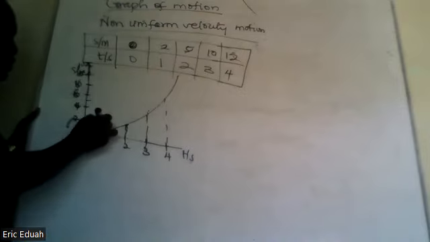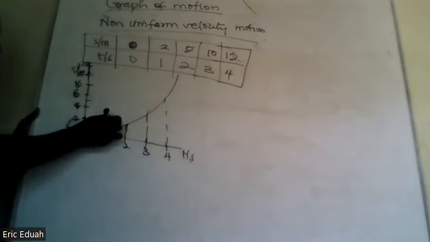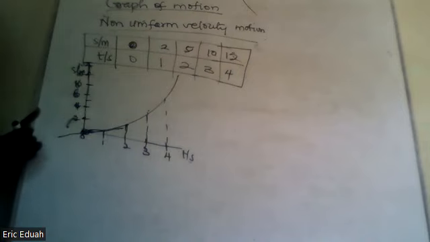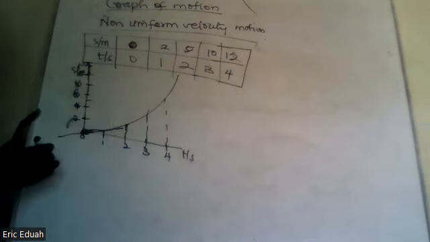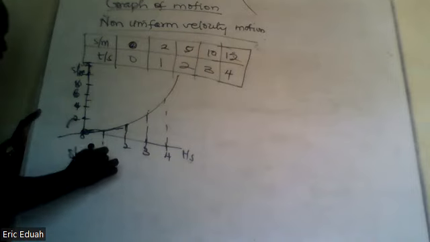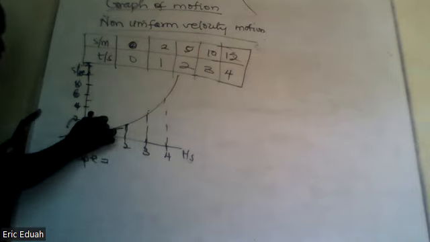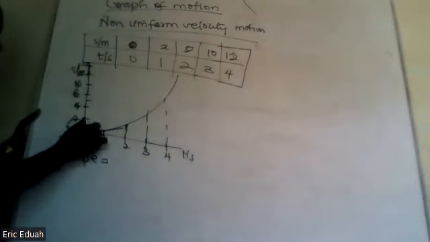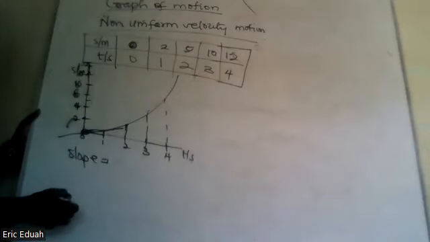Maybe the time between 1 and 2, or 0 and 1. You draw a straight line to it and find the slope between these two time intervals. So slope here becomes the change in the vertical between the chosen time interval, and then the change in the horizontal.